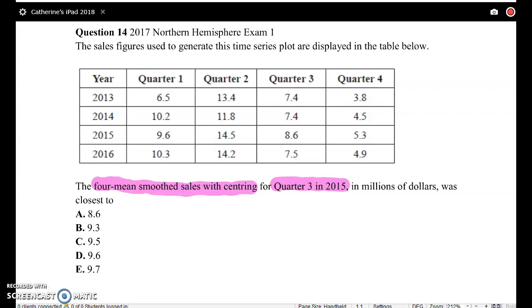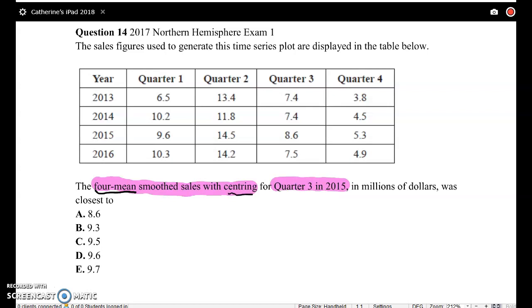Okay, so 4 mean. That means that's a 2-step process because 4 is an even number. So we've got to get 4 bits of data each time, and then we mean those and then mean the results together.